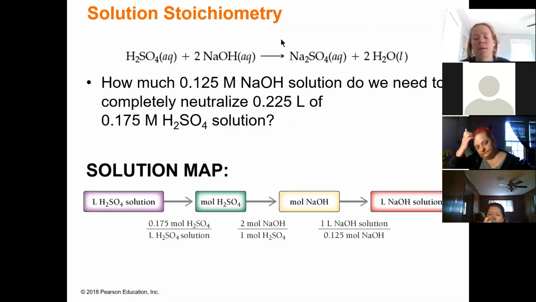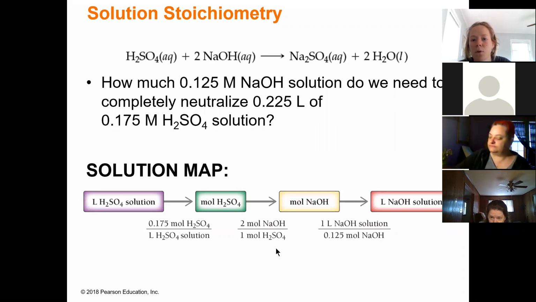So if we look at this problem here, we've got a balanced equation. How much of a 0.125 molar NaOH solution do we need to completely neutralize 0.225 liters of a 0.175 molar H2SO4 solution? First of all, you have to ask yourself, how do I even know that I need to be doing solution stoichiometry? Because it's not always going to be written at the top. Well, if you see a balanced equation, you're probably going to be doing stoichiometry.